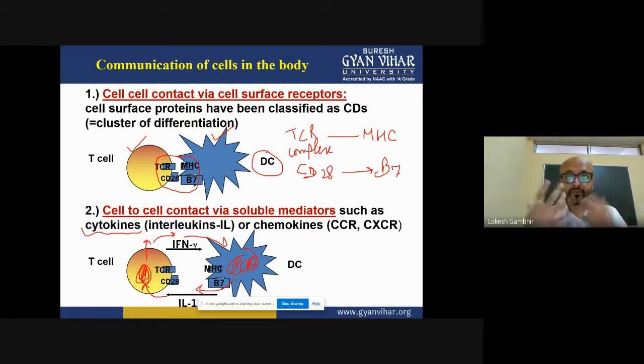So this cross communication between the immune cells in the body is mediated by soluble secretory molecules called cytokines. And cytokines are in different categories. We'll be studying the different interleukins, the TNF factors, the interferons, and the chemokines in the coming lectures.